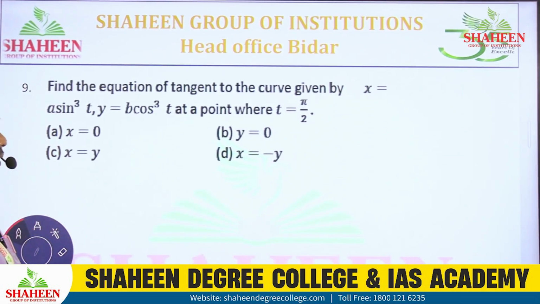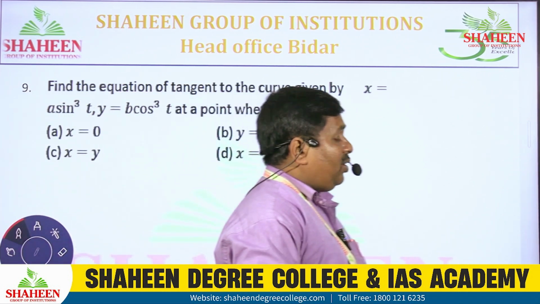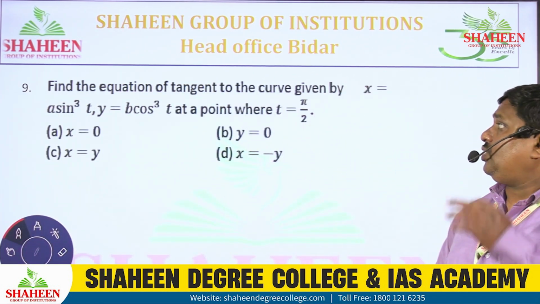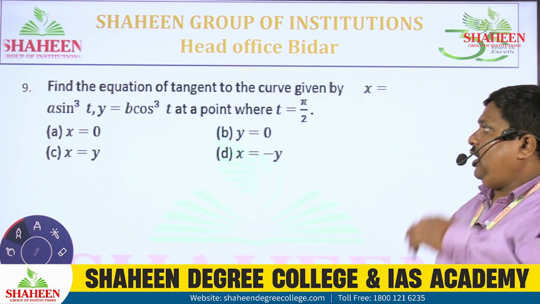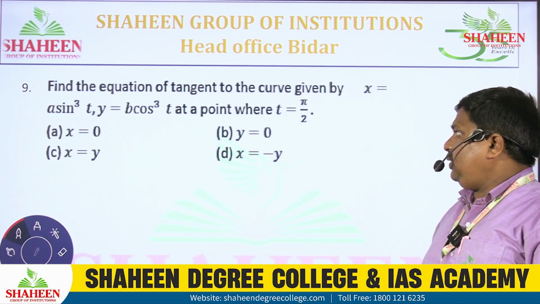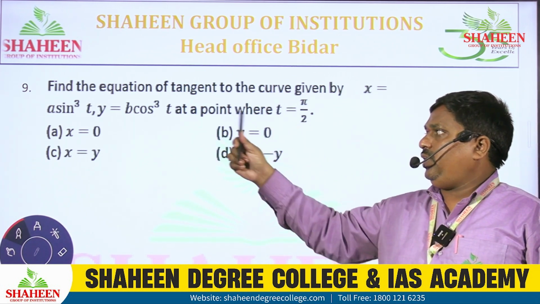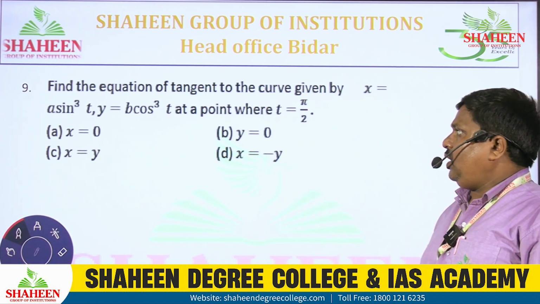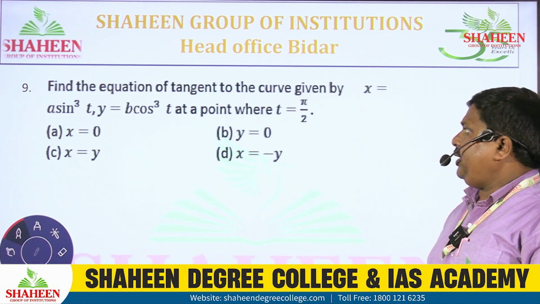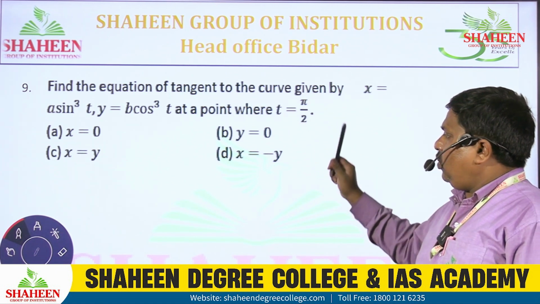This is a little bit interesting problem. We are forming the equation of the tangent to the curve given by x equal to a sin cube t and y equal to b cos cube t at the point where t is equal to pi by 2.